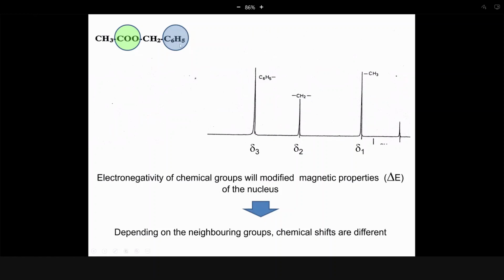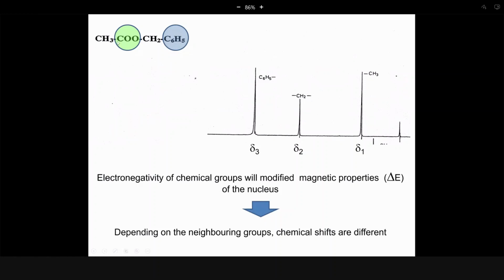So if we have in mind the table, we could anticipate the shape of the spectrum, just thinking that as we have aromatic protons, I should have a signal around 7 ppm.